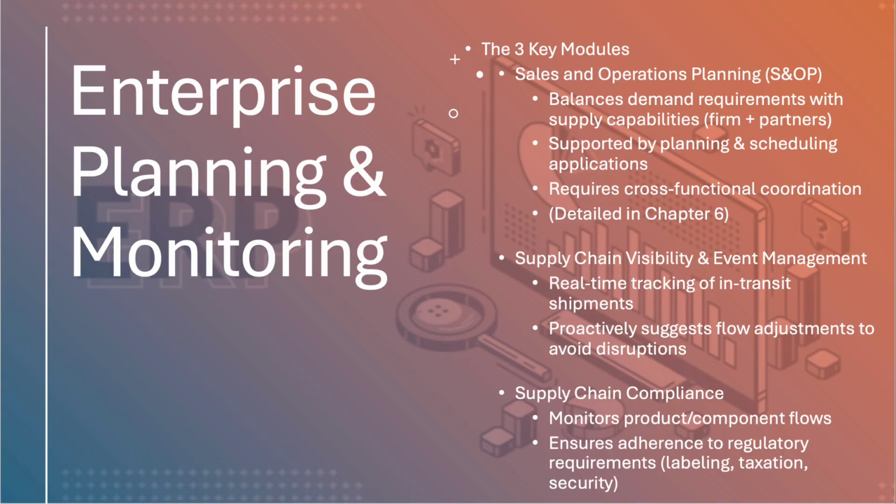A modern supply chain is only as strong as the information that supports it. If information is slow, inaccurate, incomplete, or fragmented, the supply chain will struggle. But when information is timely, accurate, shared, and integrated, the supply chain becomes more responsive, more efficient, and more competitive.